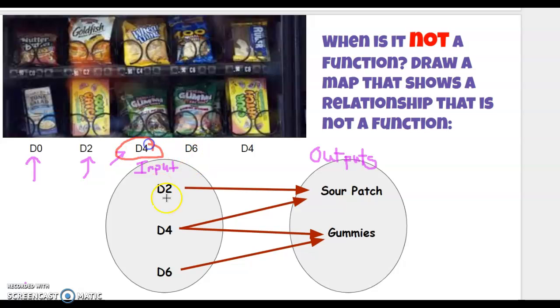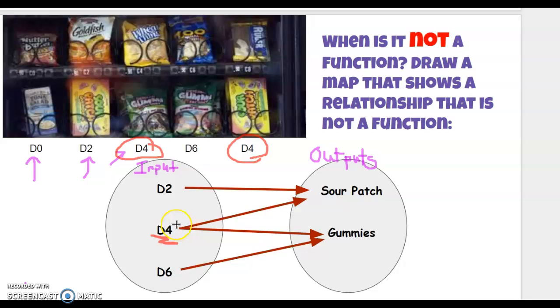I have a D4 here, and it looks like my D4 in my mapping diagram goes to two different items. Does it go to the gummies like it shows here? Yeah, here's my one arrow going to the gummies. But look here, I also have a D4 under Sour Patch Kids. So now an arrow that's connected to the same input of D4 is also leading me to Sour Patch Kids.